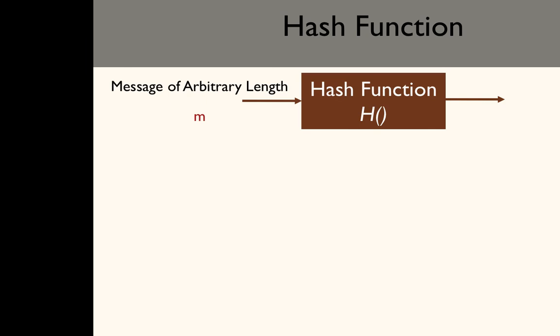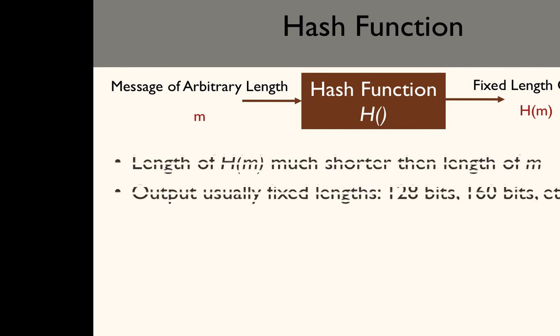A message of arbitrary length could be very long. It could be the whole hard disk, one Word document, or a long movie. You put that into this hash function, and it generates a fixed length output. Obviously, the length of the output is usually much shorter than the original bit stream. That's why it's called a digest.